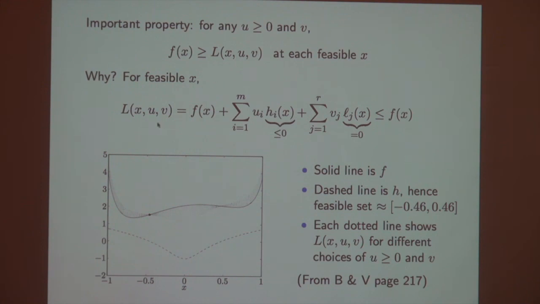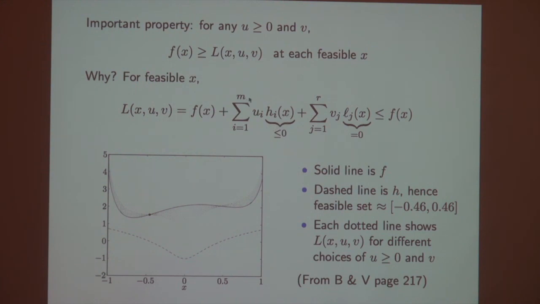If we just look at L of x, u, v, then we're taking the criterion, f of x, and we're adding to it two things that are both non-positive, both less than or equal to 0. Because if I take u_i times h_i of x, then because x is feasible, h_i of x is less than or equal to 0, and u_i is bigger than or equal to 0, so this product is less than or equal to 0.